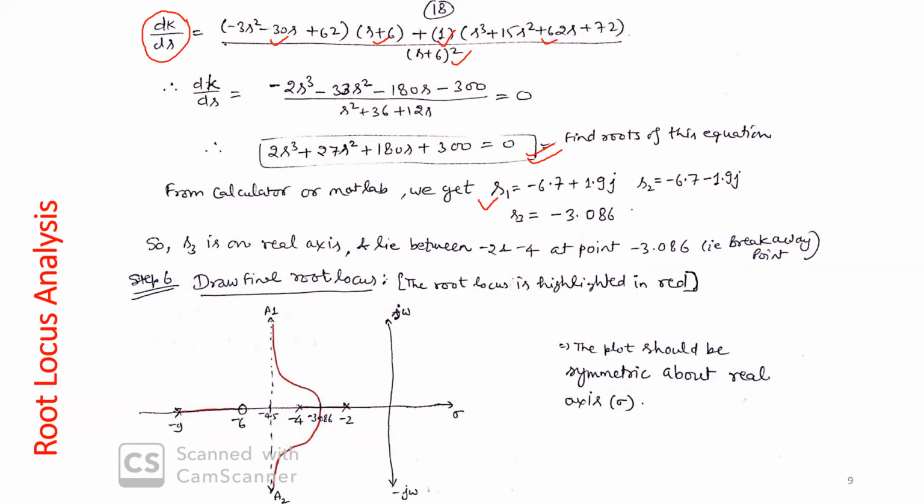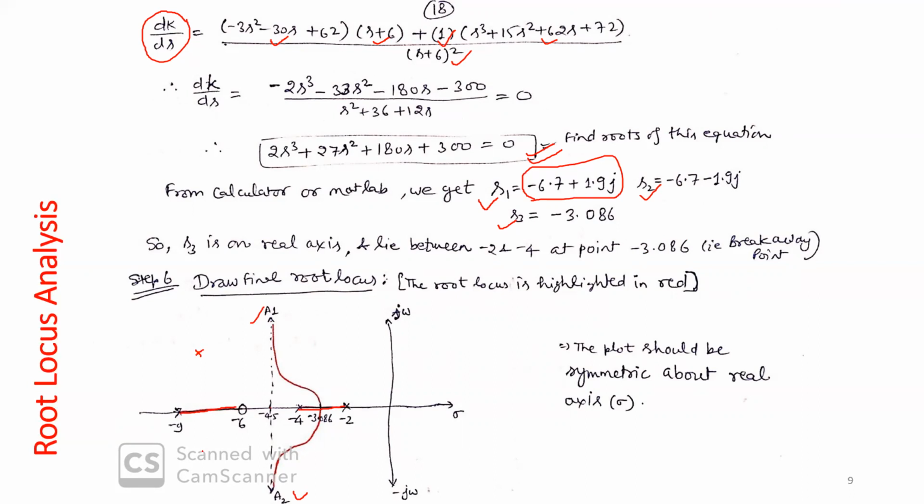So you get these roots, maybe using MATLAB or some computer, you get S1, S2, S3. And these roots must lie on the root locus. So the root locus on the real axis we calculated between -2 to -4 and -6 to -9, and these are our asymptote A1 and asymptote A2. Clear? If you look at this -6, this is a complex root, and it will be somewhere say -6 something, and the j value is 1.9 j.